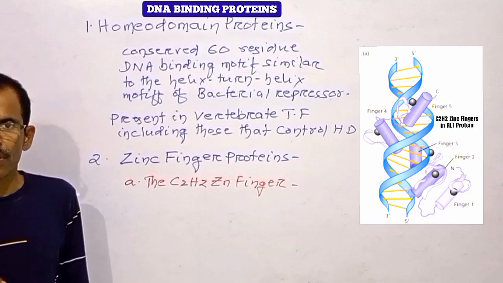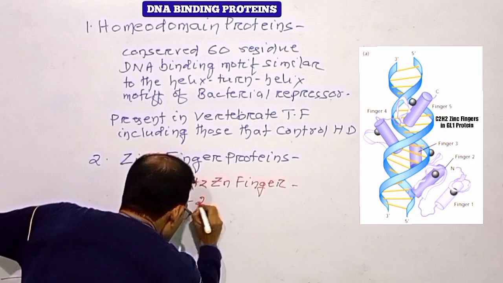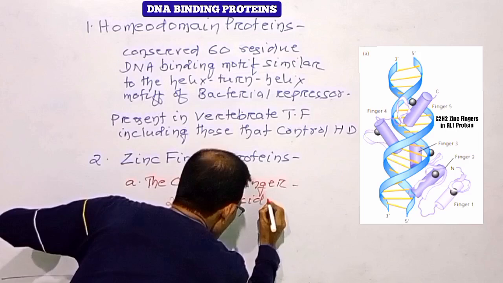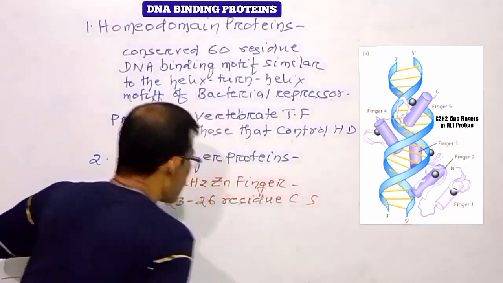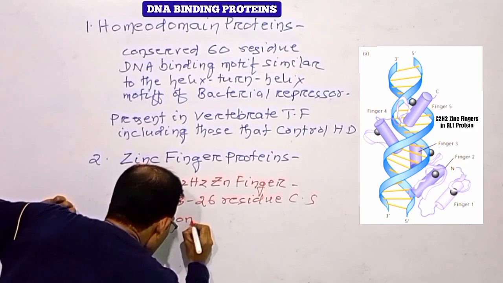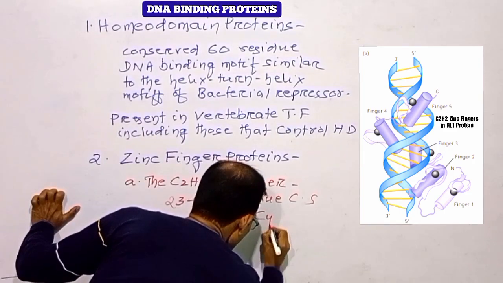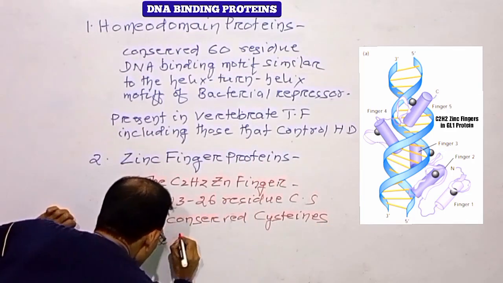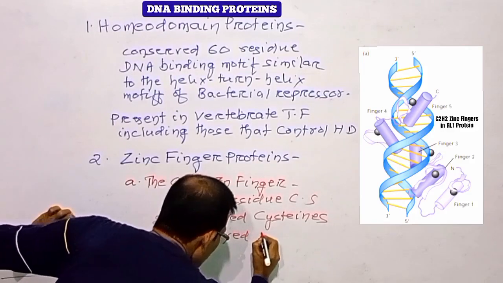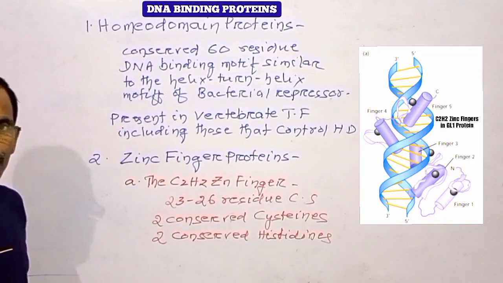The structural motif has a 23 to 26 residue consensus sequence containing two conserved cysteines and two conserved histidines whose side chains bind one zinc ion.